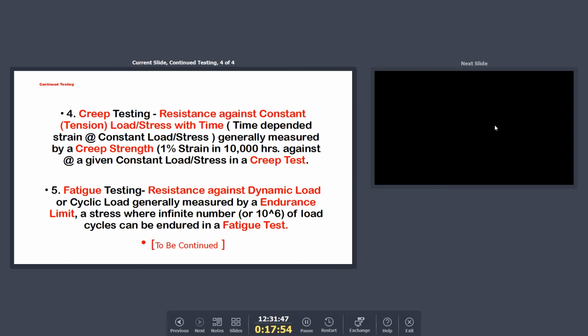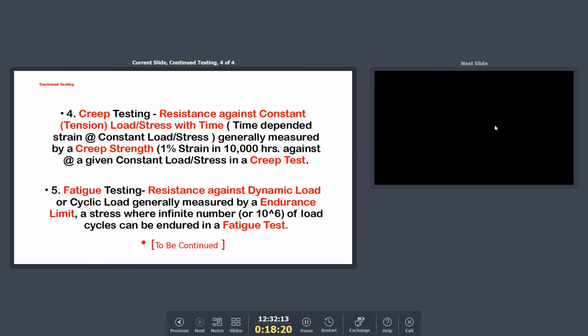So creep is a time-dependent property. Here the second factor, the time, comes into the picture. So this is creep testing, and we will see how to test creep properties.